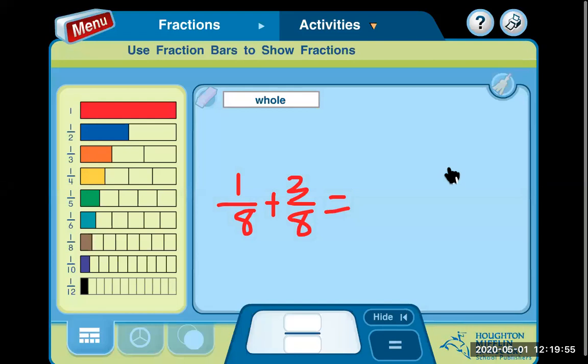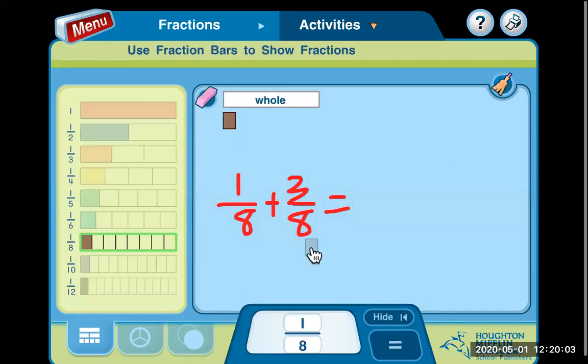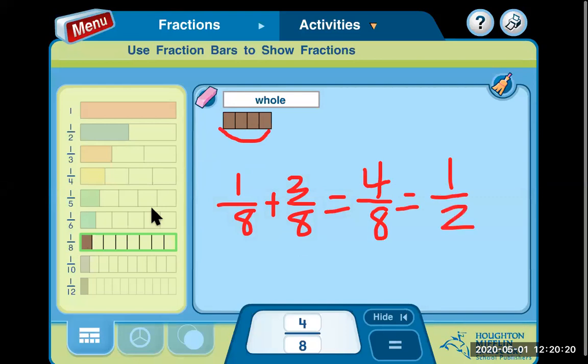So what if we wanted to add 1/8 plus 3/8? Let's pull up eighths, and we start with 1. And then we want 3 more. 2, 3, 4. How many eighths is that all together? It's 4/8. Now, 4/8 can be simplified because it is equivalent to 1/2. How do you go from 4/8 to 1/2?